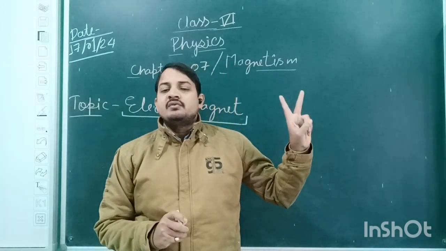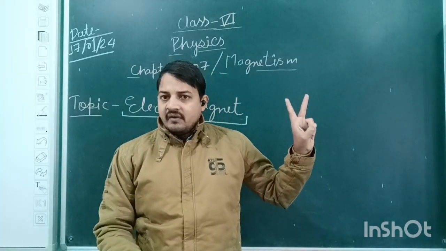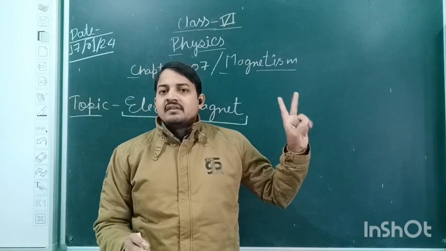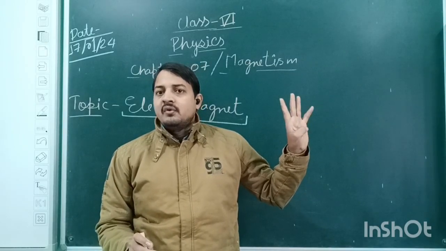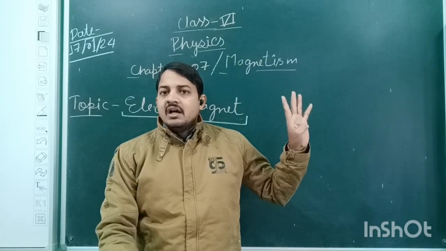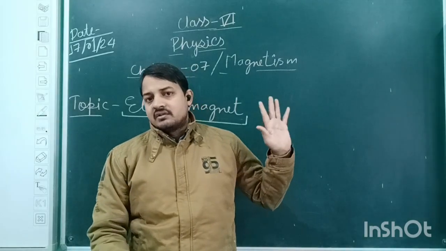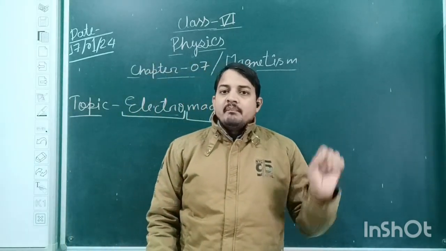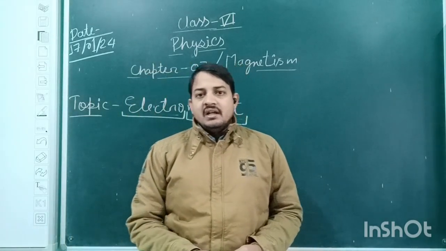Second, a normal insulated copper wire. Third is connecting wire, the fourth is a battery, and the fifth is a switch. So these are the five main components necessary for making an electromagnet.